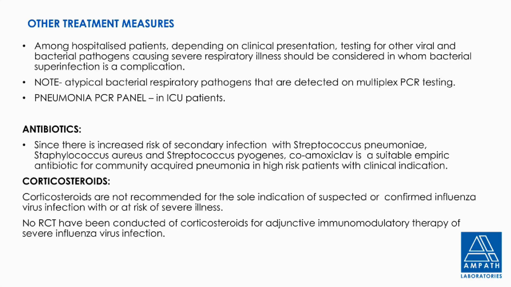The atypical bacterial respiratory pathogens are also reported as part of our PCR multiplex testing, but I did not cover that in today's talk because of time constraints. Important to note as well that ICU patients get a different type of PCR panel, the pneumonia panel, which will also pick up bacterial pathogens as well as viruses.